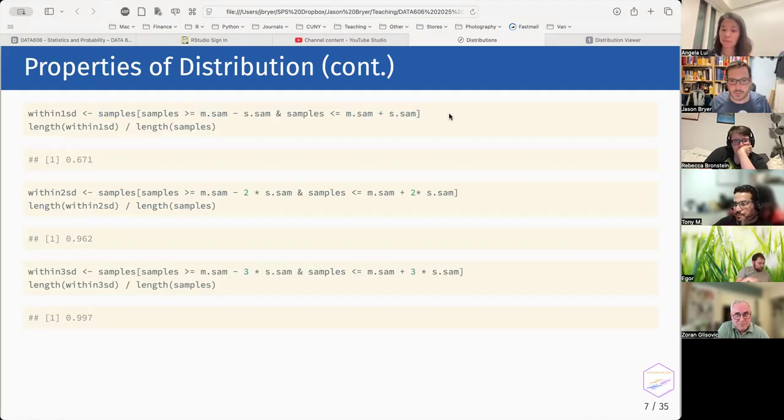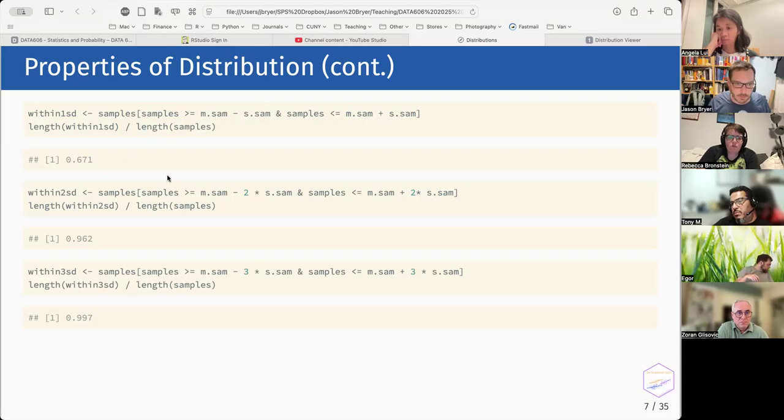So the result of this line is, of the 1,000, how many are between minus 10 and 10, because the standard deviation is 10 and the mean is roughly zero. Let's just round it for simplicity of arithmetic. I'm taking the length of that vector divided by the 1,000, and I get 67% of the observations.